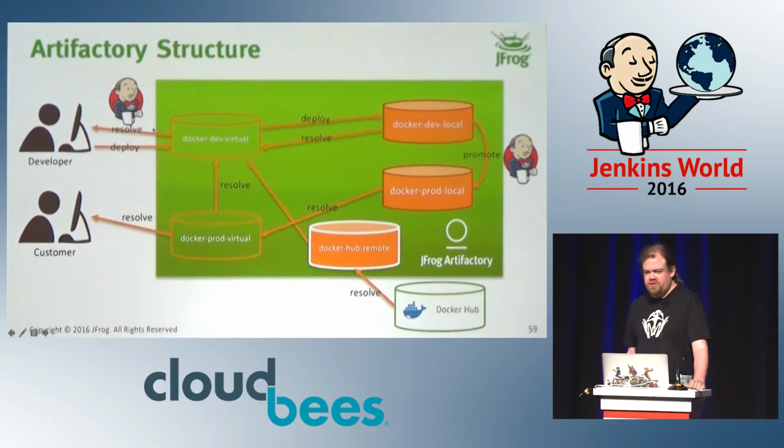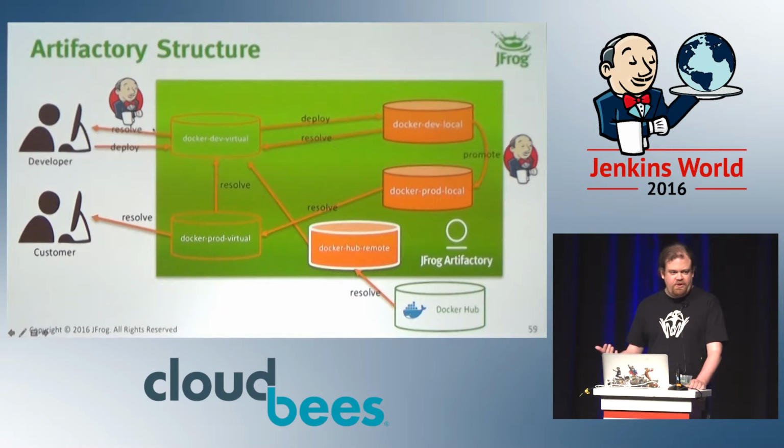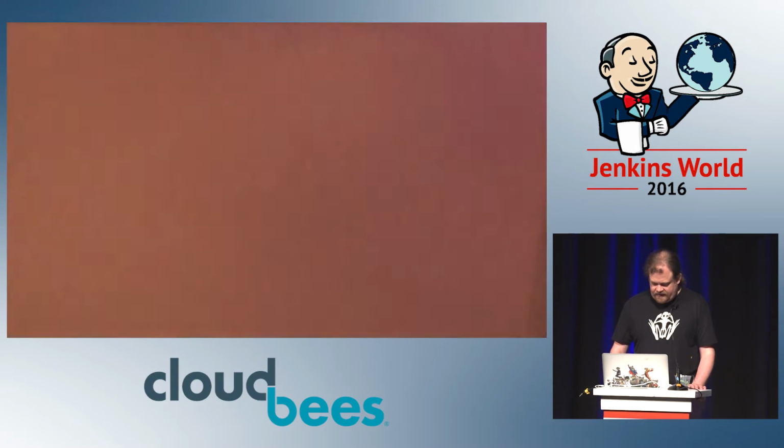And my consumers, my production systems, only see the Docker prod repository. So they don't get to see any image which hasn't been through my Jenkins testing process and been promoted. Docker prod is a completely curated repository. And note, they also don't have access to Docker Hub. Only curated, approved images are getting into this Docker prod virtual. It looks a little bit like this.